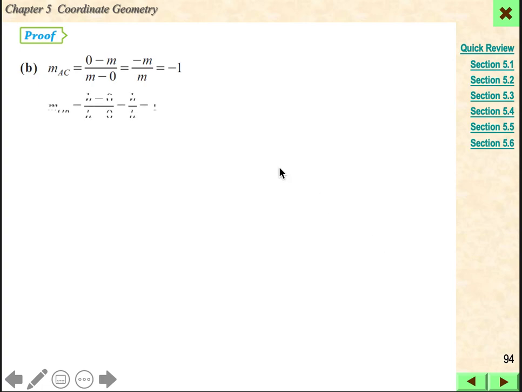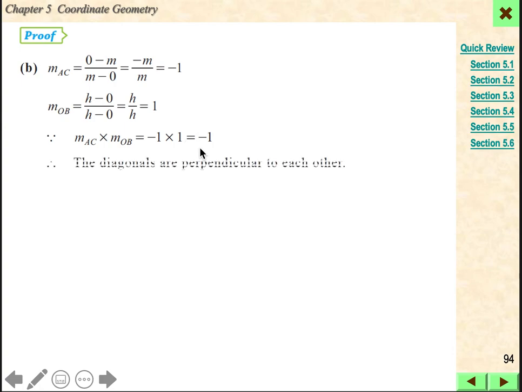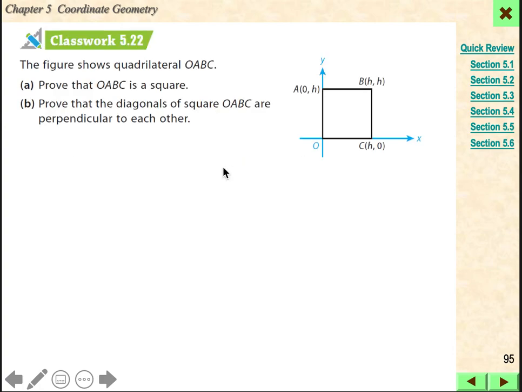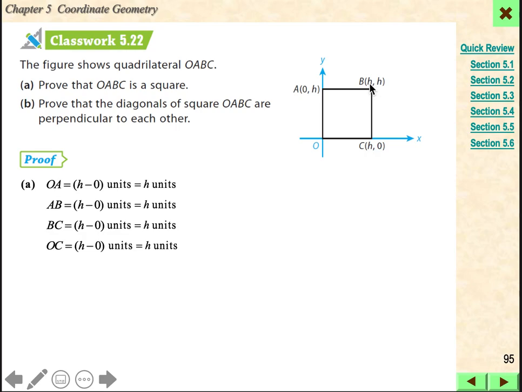And for the perpendicular reason, you can see whether the slope is equal to -1 when you multiply them. And then you can do this one. Basically, you find out all lengths, and you can see it.